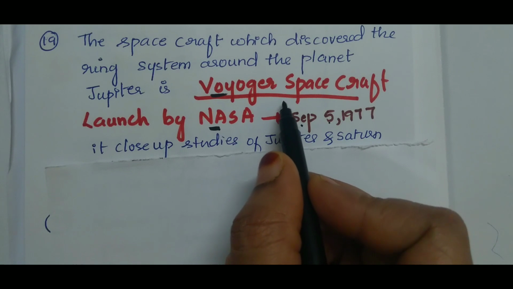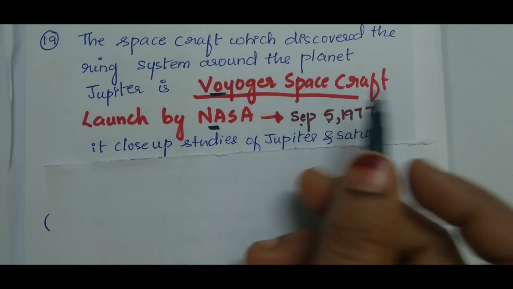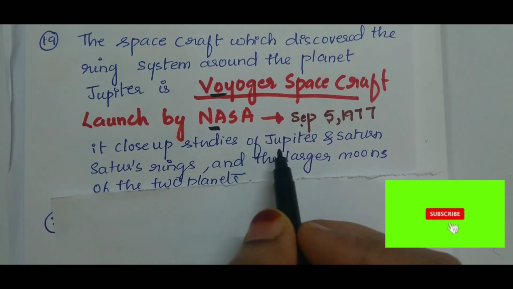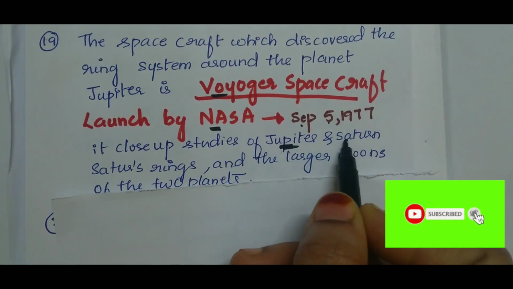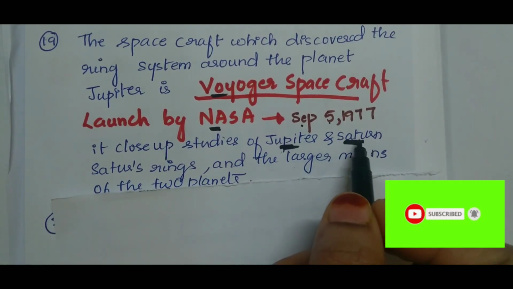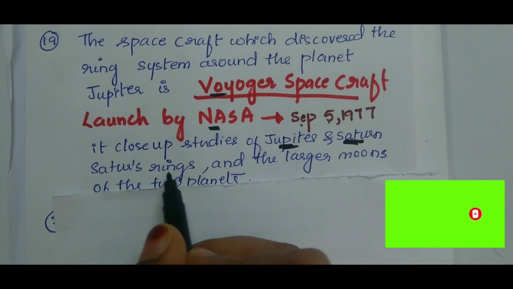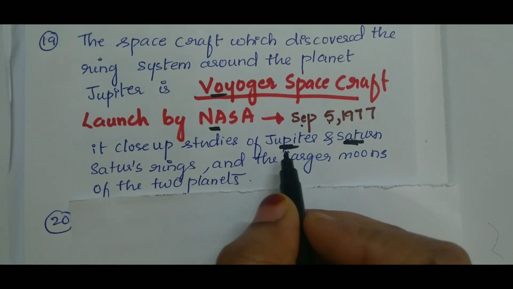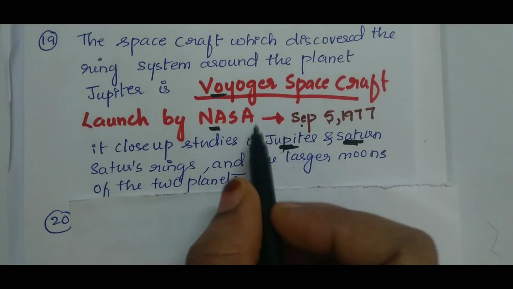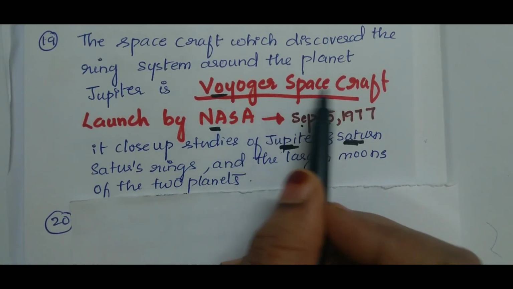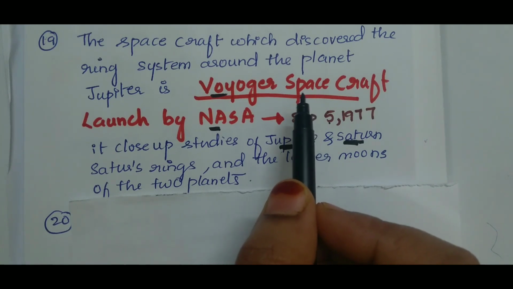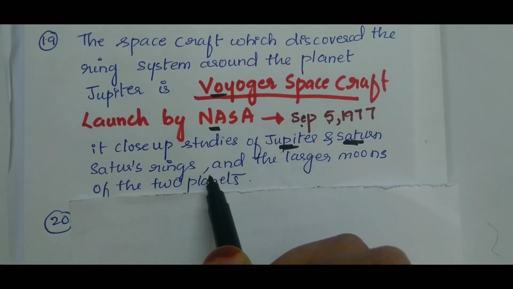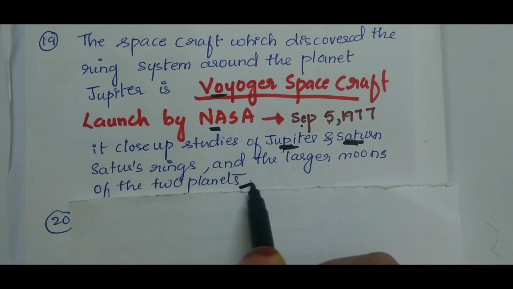The main objective of this spacecraft was a close study of Jupiter and Saturn. Along with Jupiter, it studied Saturn's rings and the larger moons of the 2 planets.